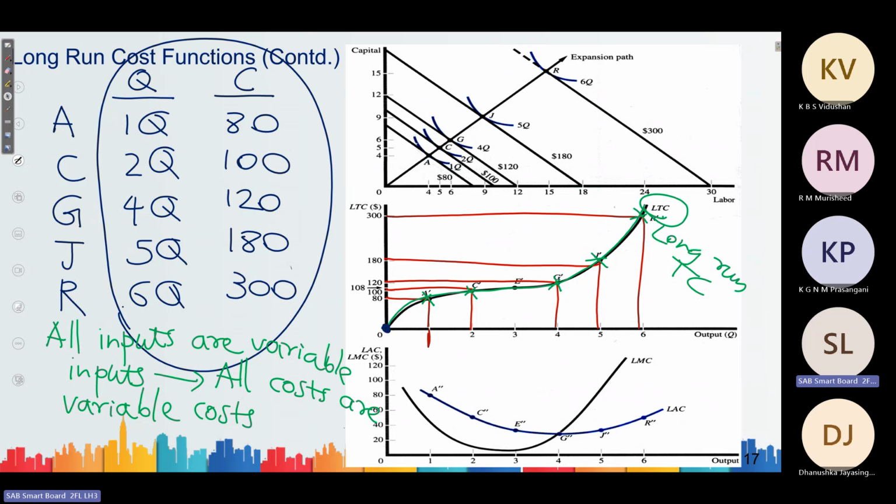Therefore, in order to change the output level, even inputs like buildings and machinery, which were fixed in the short run, can be changed. In the long run, the firm has the flexibility to increase its scale in terms of buildings, machinery, and other items which were fixed in the short run. The production process is much more flexible in the long run.